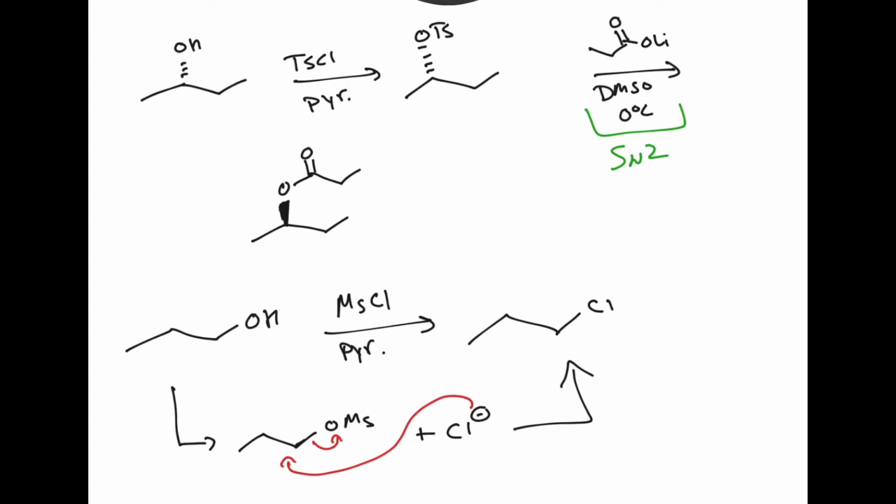Because this is a thing that happens, but whenever I've seen anyone run into these reactions in real life, no one wants a chloride. They want a sulfonate ester, then they want to do something else with it. But it does happen because you make a reasonable leaving group, and chloride is a reasonable nucleophile, so they can react. But for the most part, just think these are making sulfonate esters to do another reaction with.